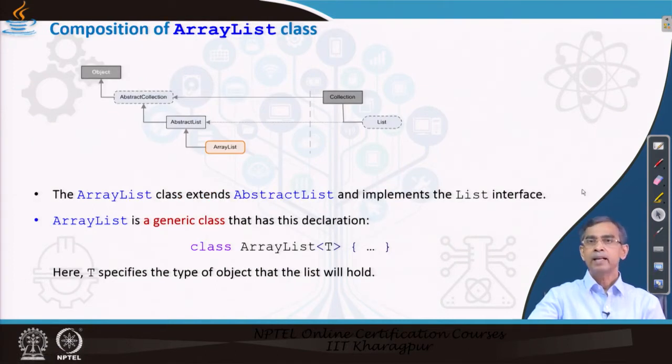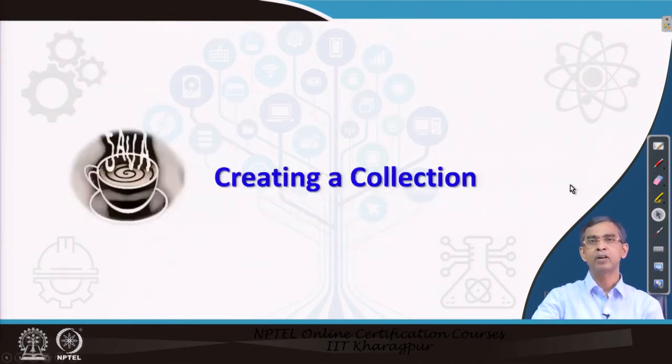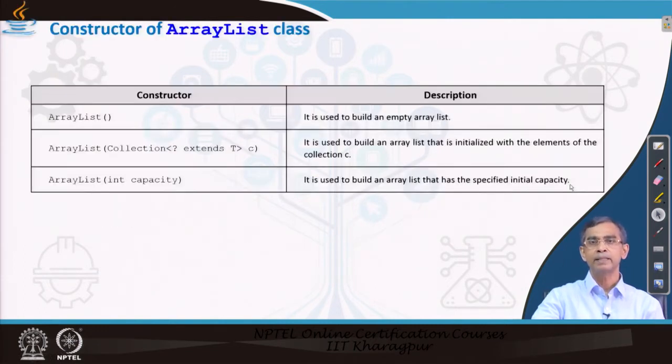Now, ArrayList is also a generic class, which means any type of collection you can maintain using this class or constructor. Now, let us see the different constructors in order to create a collection of type ArrayList. There are mainly three constructors which I have listed.